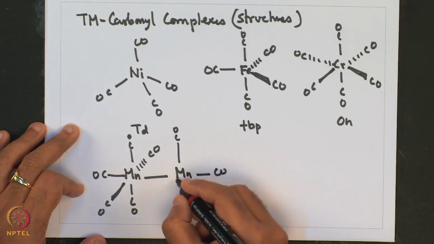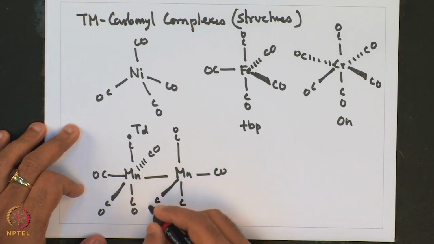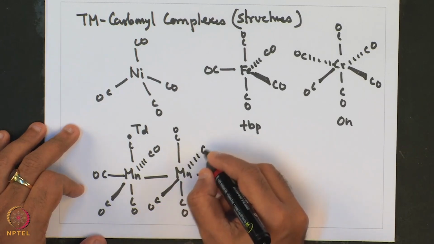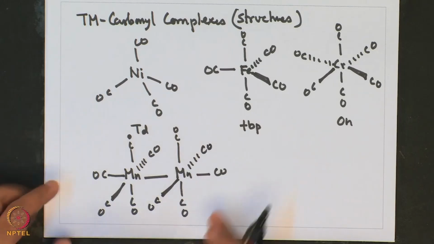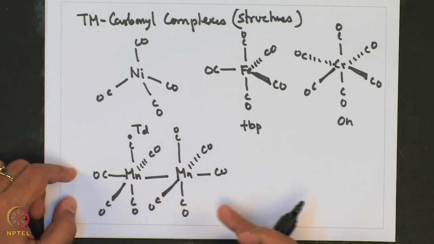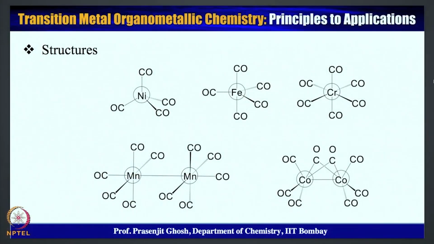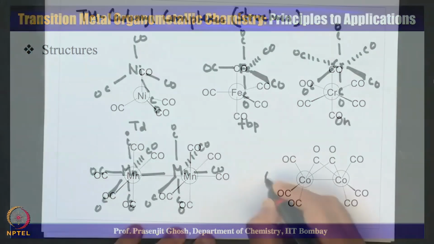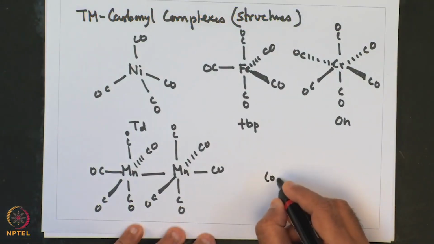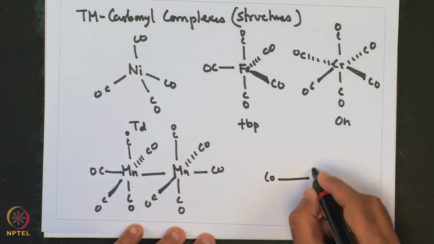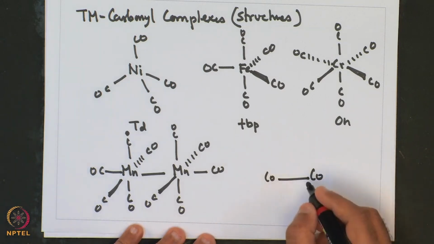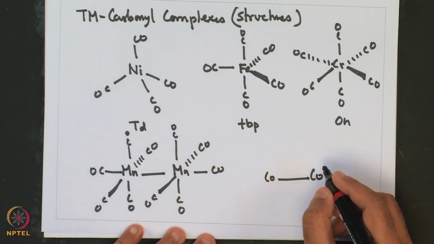So, each manganese is bonded to 5 carbonyl moieties, and then there is a metal metal interaction. But all of these carbonyls are terminal in nature. Here is an example of a compound containing bridging carbonyl, which is dicobalt Co2(CO)8.